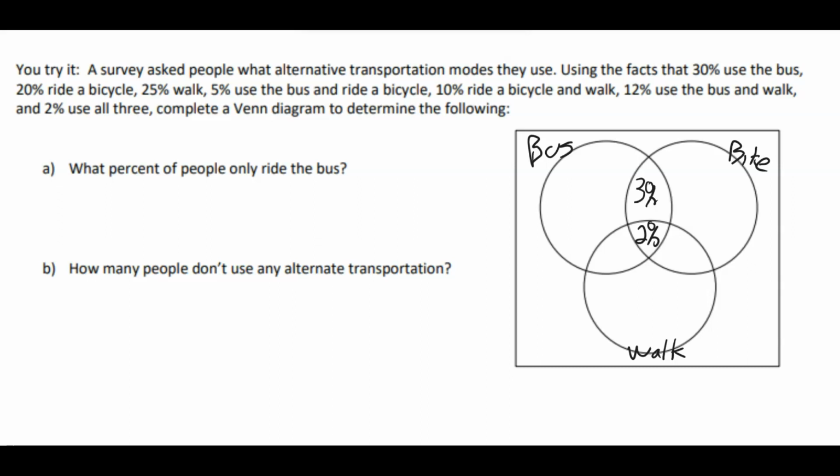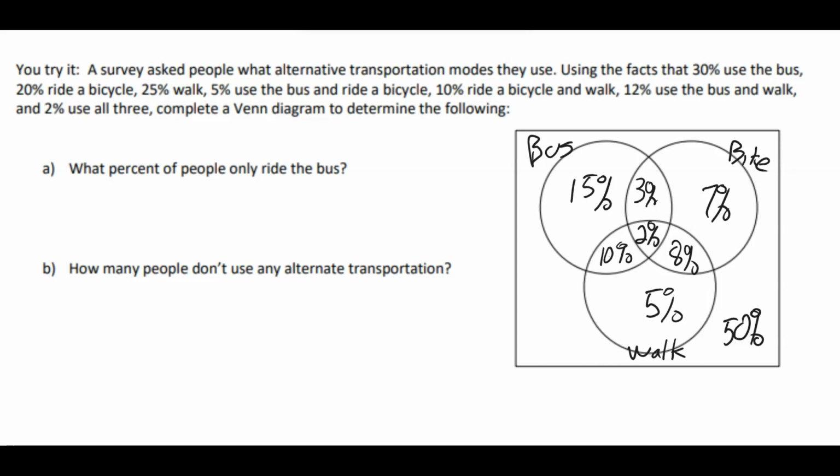But with these labelings, then we have 10% here, 8%, 7%, 15%, 5%, and then there's 50% outside. Now where this 50% comes from, if you had trouble with that, is 100% minus these 7 numbers ends up being 50% not accounted for.